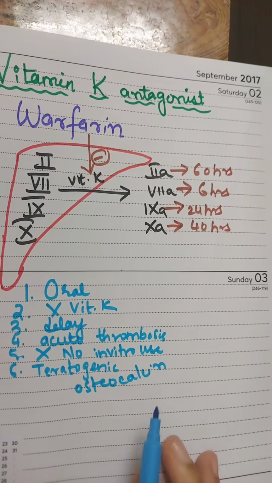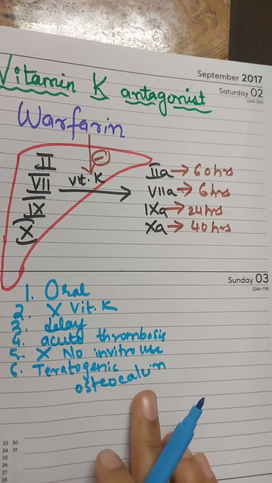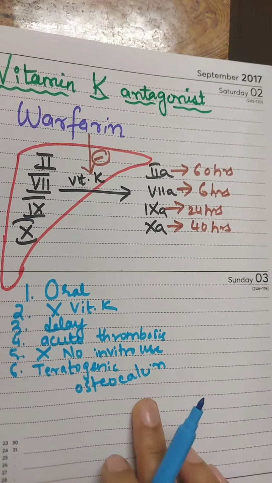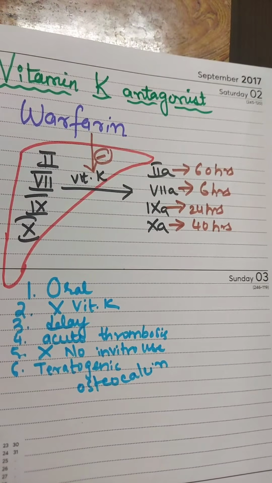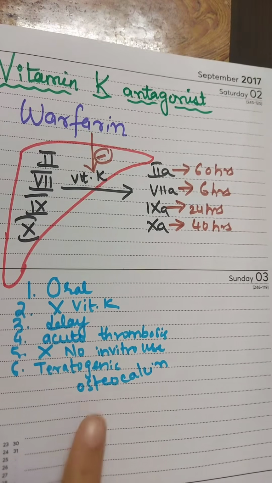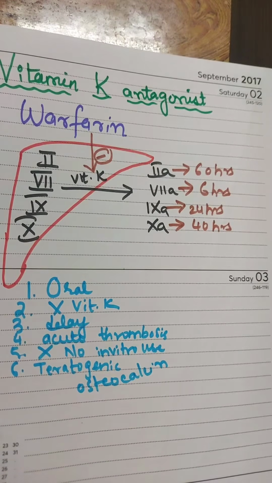Vitamin K is also required for activation of this osteocalcin protein. During development of a fetus, this osteocalcin is required, and if we give warfarin, it will not get activated. If it is not getting activated, then there will be a skeletal problem in the growing baby. So this results in a fetal warfarin syndrome.